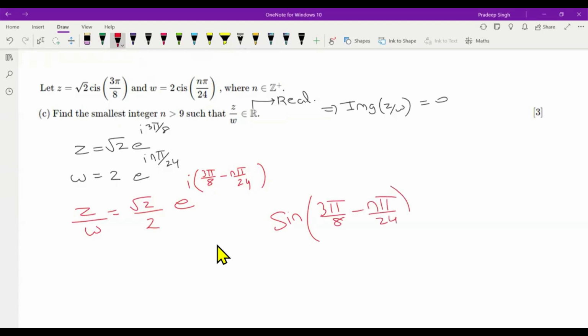It's the same method. Put all of this to 0. We need to find n. So use the calculator. Tell me the different values of n.